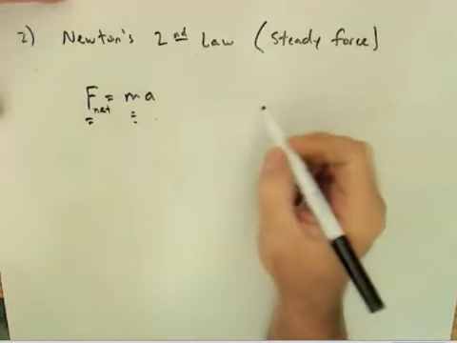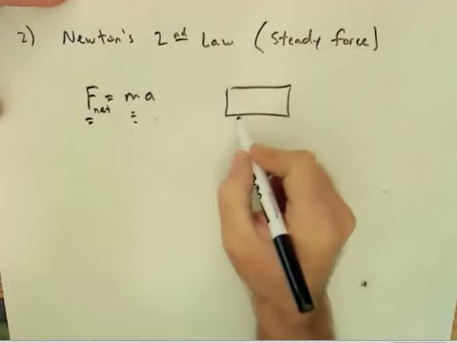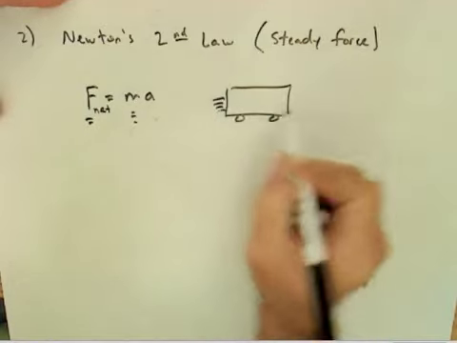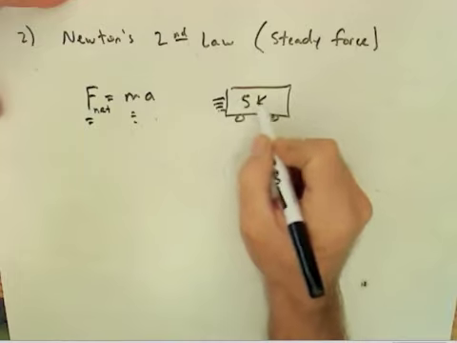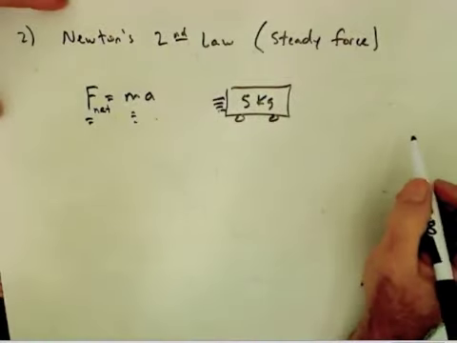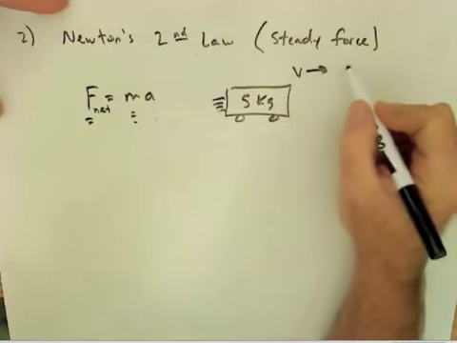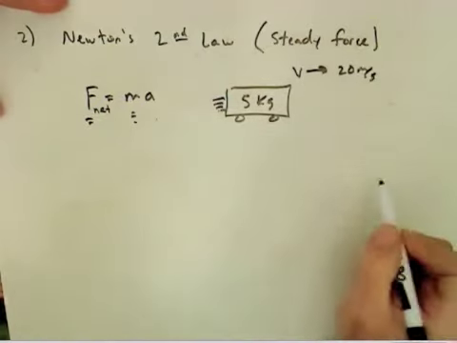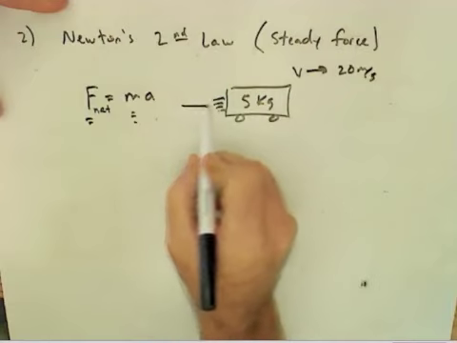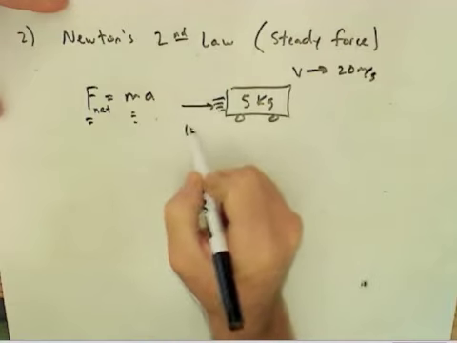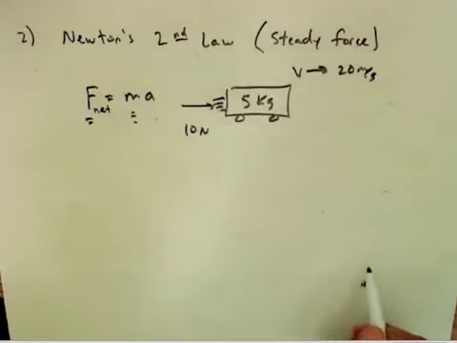So the most simple example of that would be something like this. If you had a car, let's say it was moving to the right, and it was a 5 kilogram car, and it had a velocity already, let's say going that way, of 20 meters per second. If somebody came from behind and pushed with a steady force of 10 newtons, then I could determine some things.